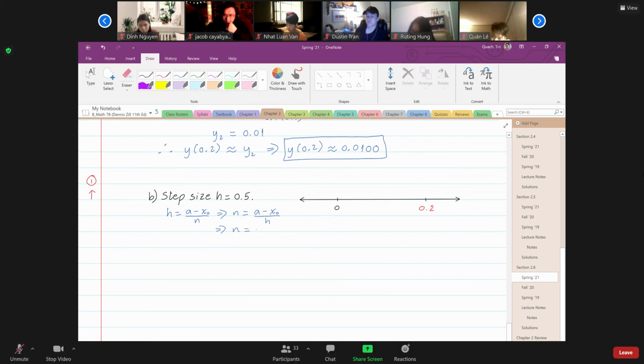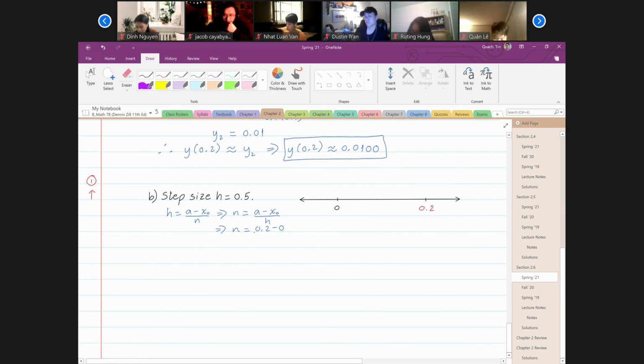So if you plug in a is 0.2 minus 0, divided by the step size, I wrote it wrong, it's supposed to be 0.05.